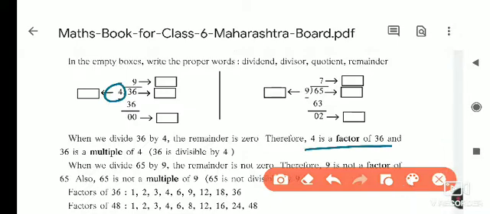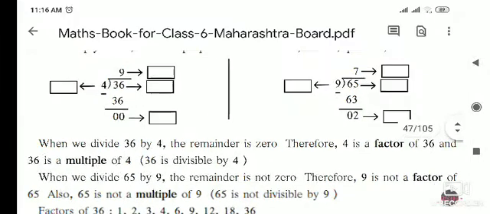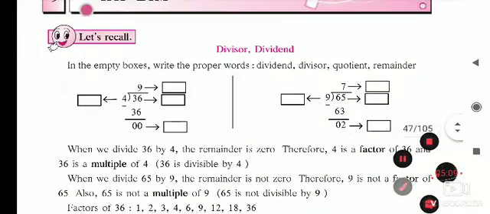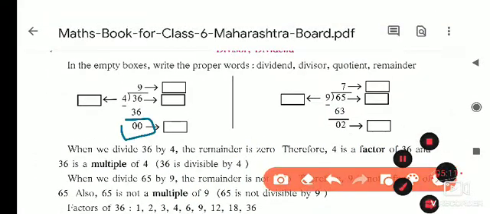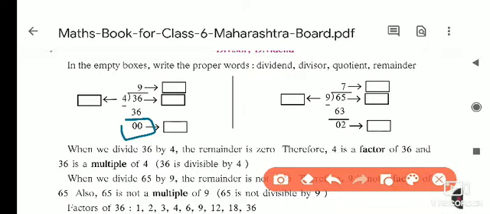When we divide 36 by 4 and the remainder is 0, then 4 is called a factor of 36, and 36 is a multiple of 4. The meaning of it is that 36 is divisible by 4. Understand? We say it is a factor only when the remainder is 0. That time only 4 is a factor of 36 and 36 is a multiple of 4.